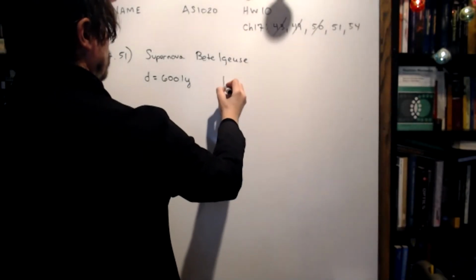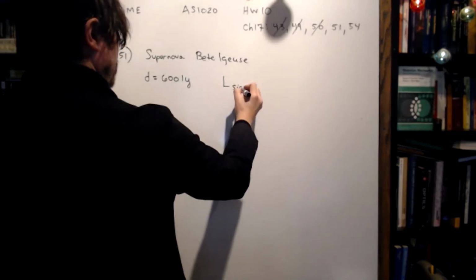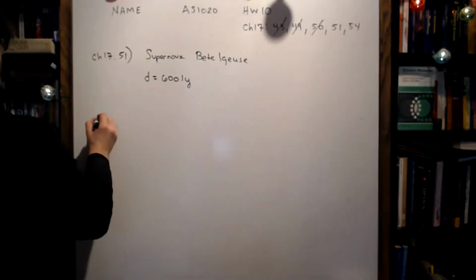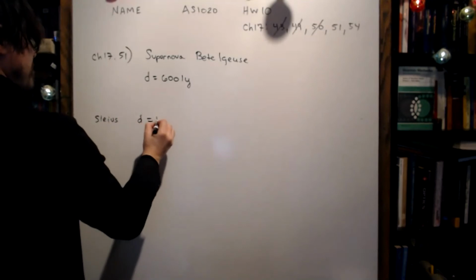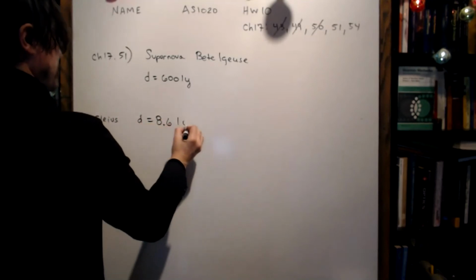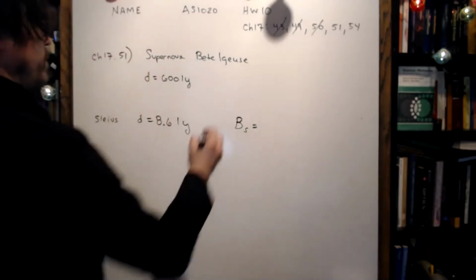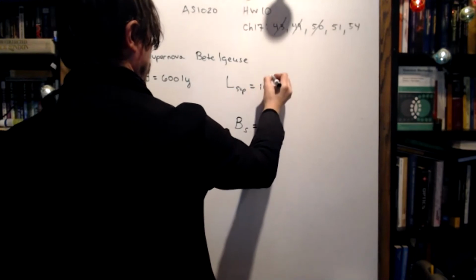Right now, the brightest star other than the sun is Sirius, with a luminosity of 26 solar luminosities and a distance of 8.6 light years. How much brighter than Sirius would the Betelgeuse supernova be in our sky if it reached a maximum luminosity of 10 to the 10 solar luminosities?